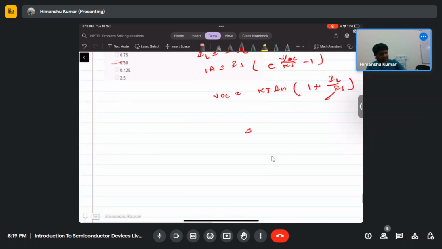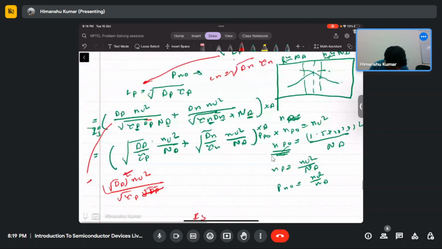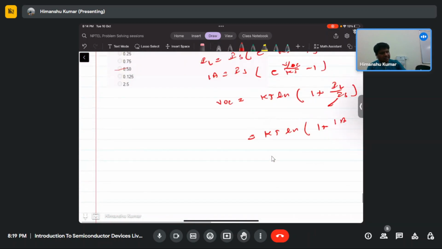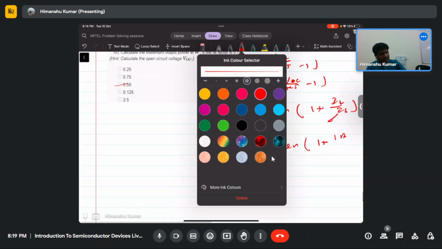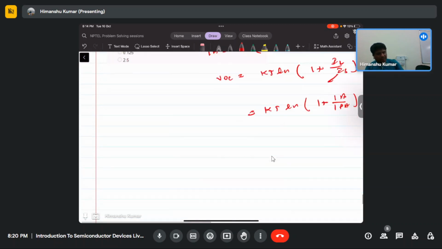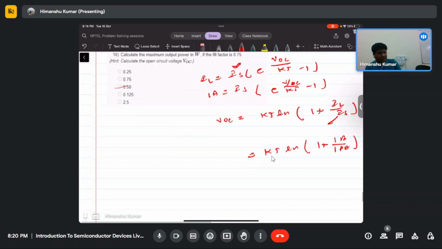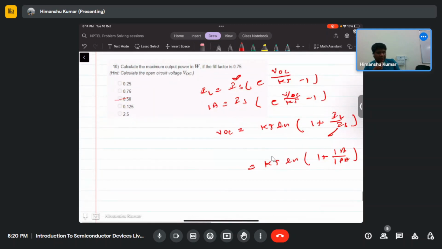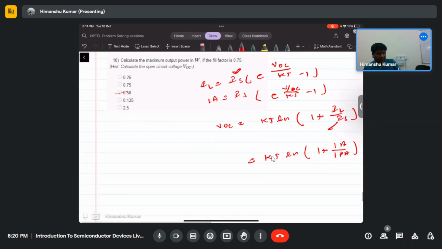So this is kT ln of 1 plus I_L by I_S, where I_L is 1 ampere and I_S is the picoampere value found earlier. If you put in this value and find V_OC, and you know I_L, then you can get the maximum power.